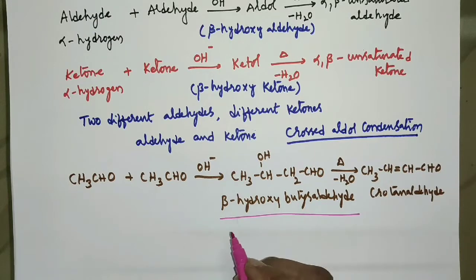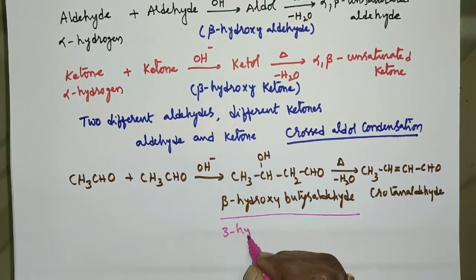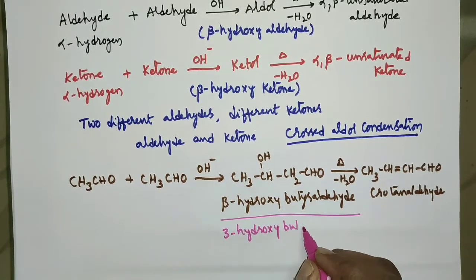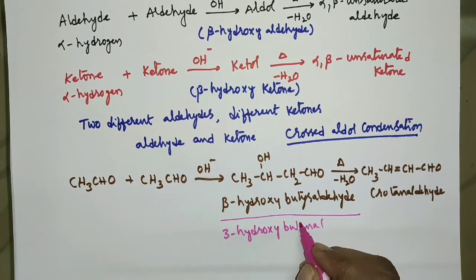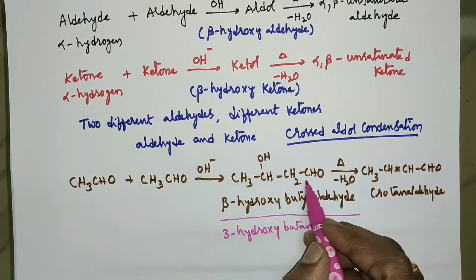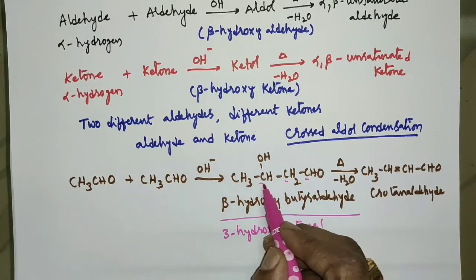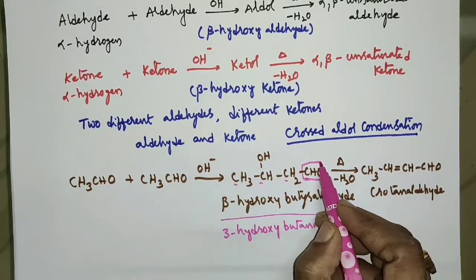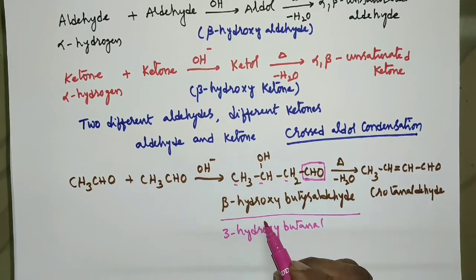IUPAC name of this compound is 3-hydroxy butanal. There are 4 carbons and this is the functional group with highest priority.